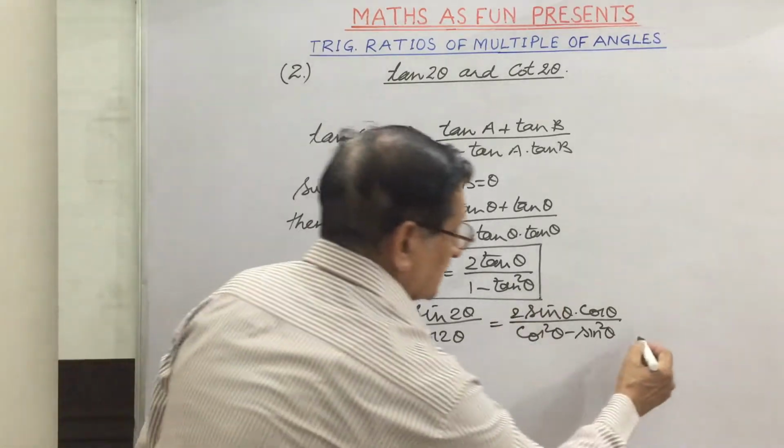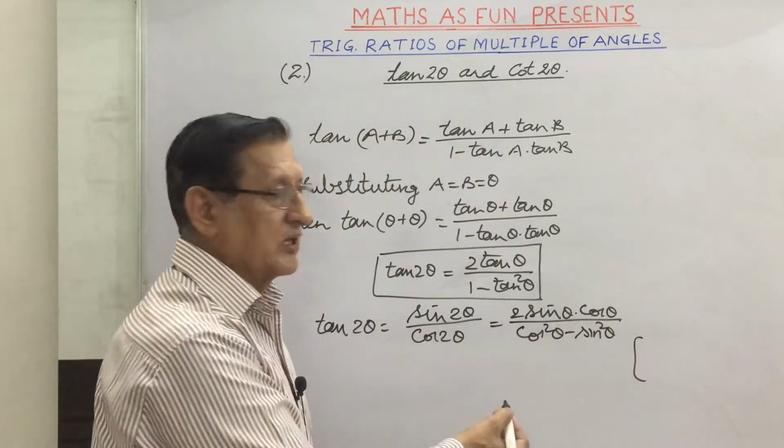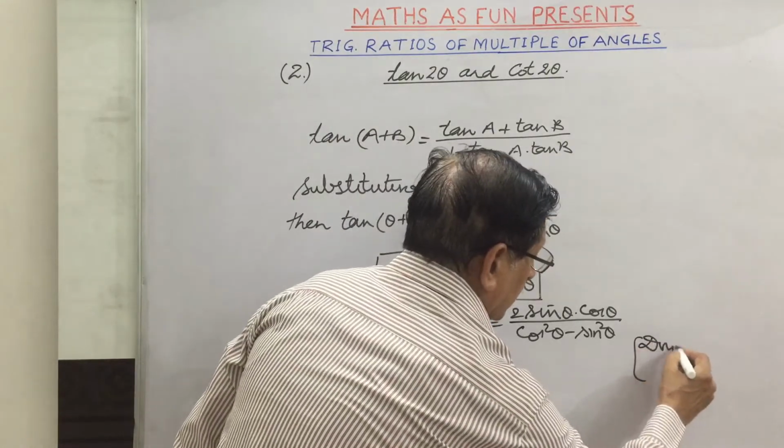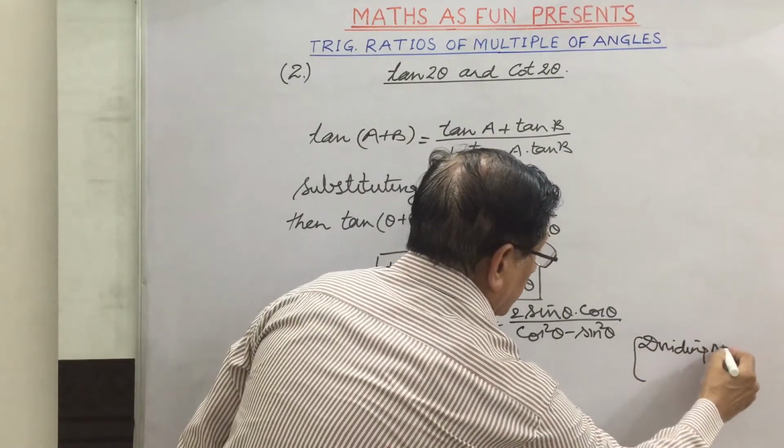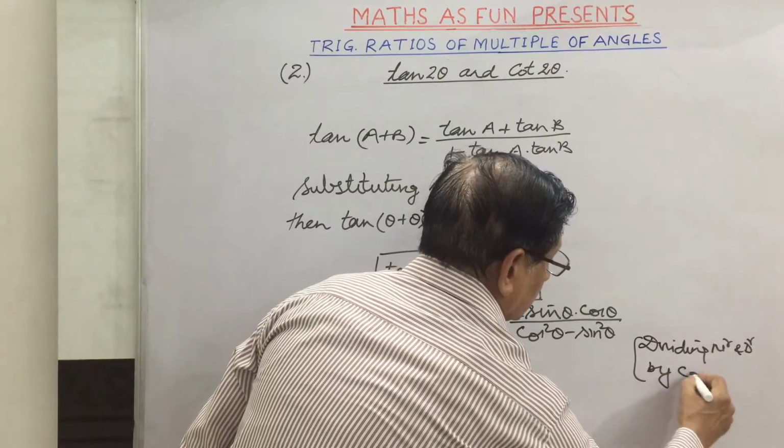And if we divide this numerator and denominator by cos square theta to convert into tan, we will write dividing numerator and denominator by cos square theta.